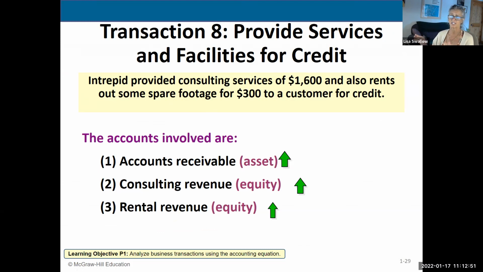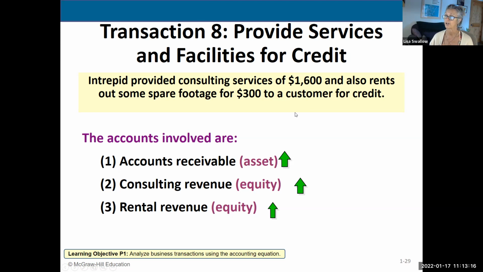And then I also have a little bit of square footage in the back of my office and I rent that out for $300. And I do all that on credit. They're not paying me cash today. I have now an account receivable and that is an asset. And this means that I have an asset that gives me the right to get $1,900 from my customer.